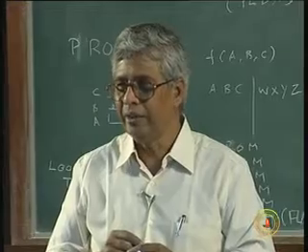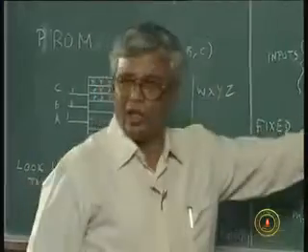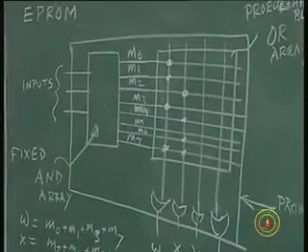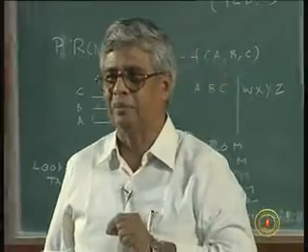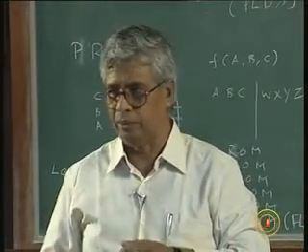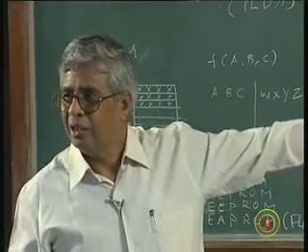Anyway, leaving all this apart, I have this programmable feature in my ROM by which I can connect those inputs which are required in the OR gate, and those inputs which are not required, I will not connect. I can change it by erasing and altering it, and all that is possible. So this is how I have a programmable solution for my logic function emulation.